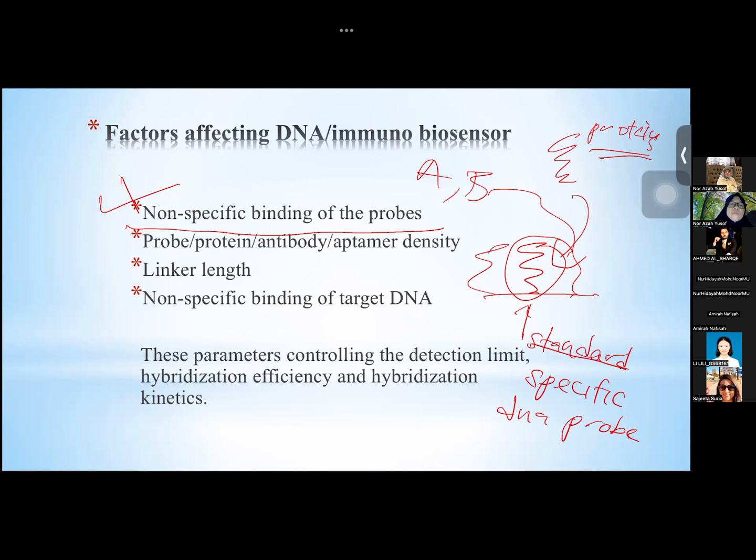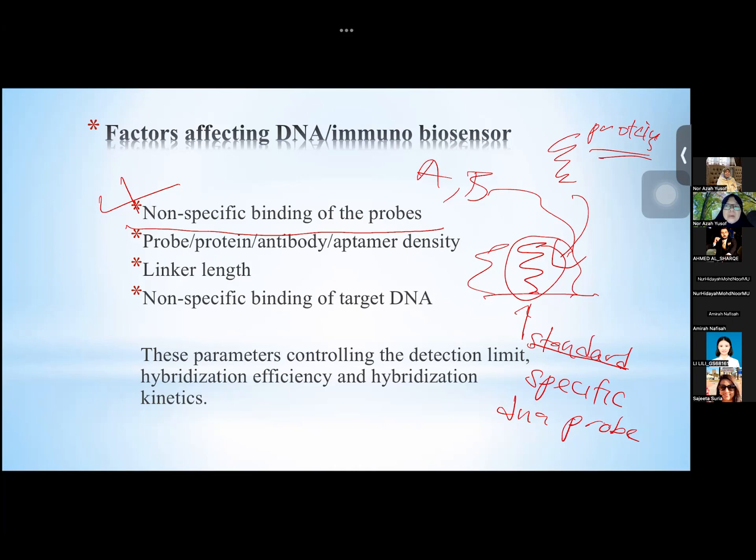This is to avoid non-specific binding, because if you eat, then you are adding more proteins or more compounds in your saliva. Then you can imagine how difficult it is for the sensor to specifically interact with the virus rather than with other kinds of materials in your saliva samples. So this is a big issue.